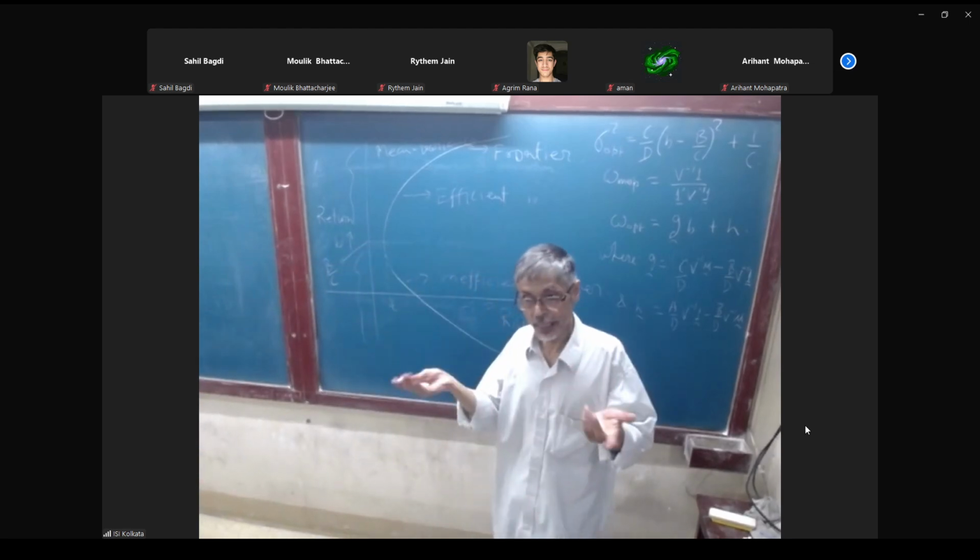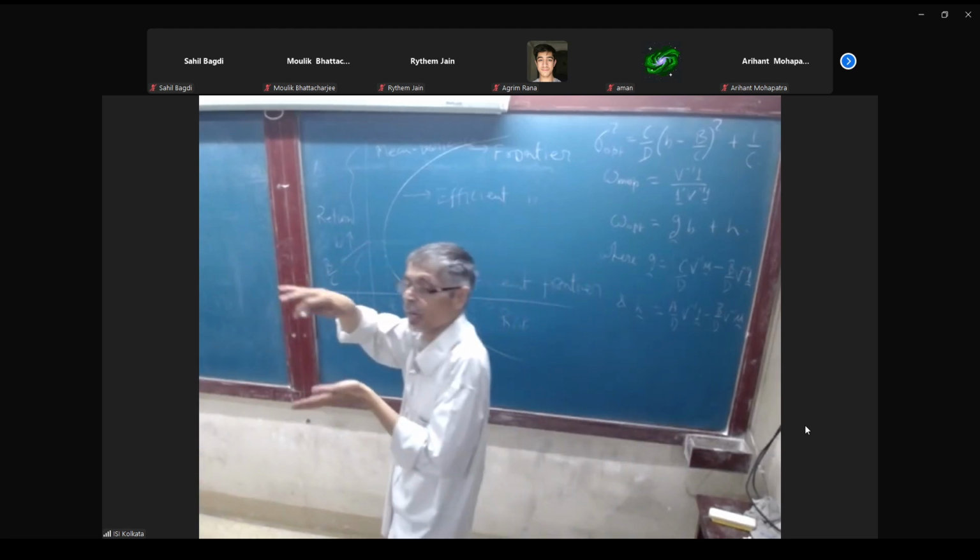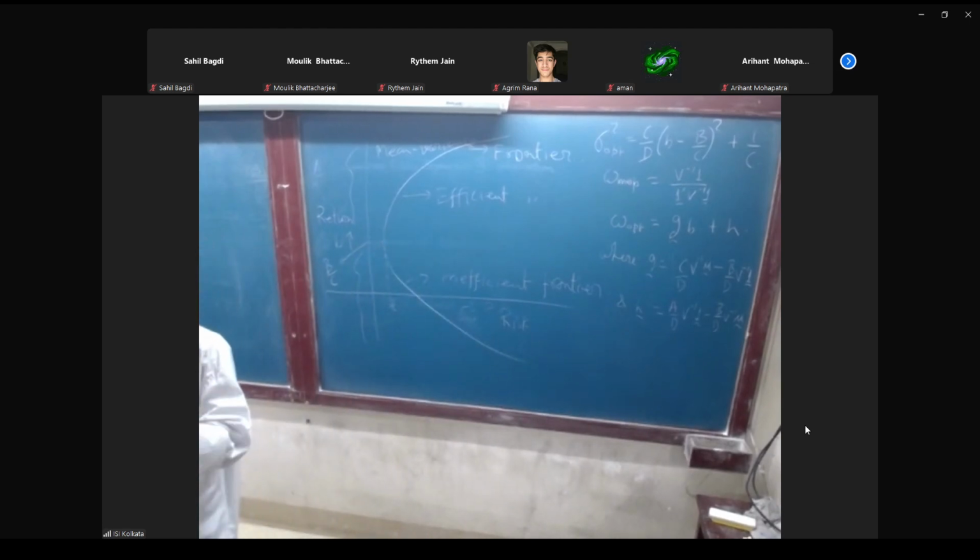So it might change the shape a little bit, maybe taper down a little bit. The more premium you pay for the risk, that means you are putting more weight to the risk, so you are being a little bit conservative. Suppose beta is increased, it will be tapered down. That means your targeted return will pay for more risk.